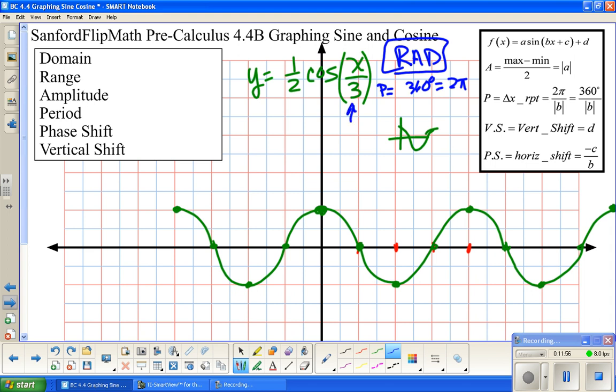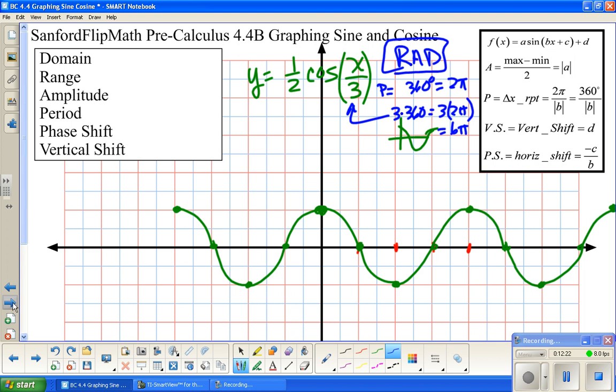So in the equation, I'm dividing x by 3 inside. The inverse of division is multiplication. So in this case, I'm really going to be doing 3 times 360, also known as 3 times 2 pi, 6 pi.